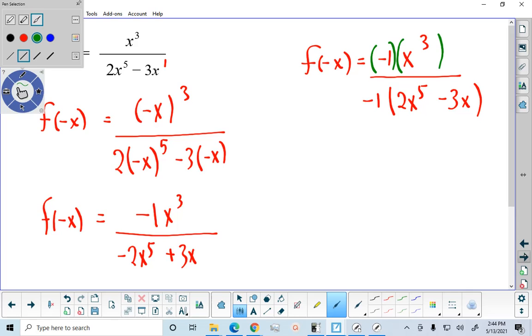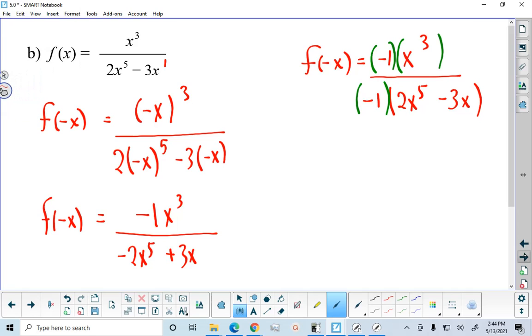It's in brackets being multiplied. And negative 1 is a factor of the denominator. Those negative 1's cancel, which means f of negative x is x cubed over 2x to the 5 minus 3x.